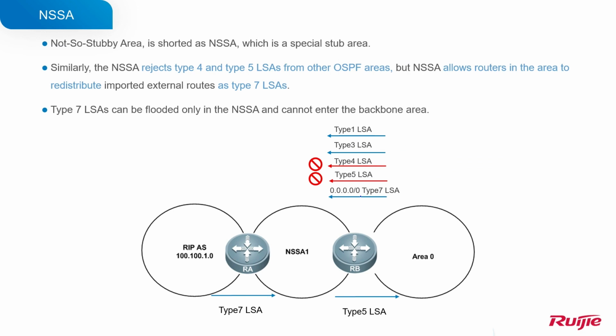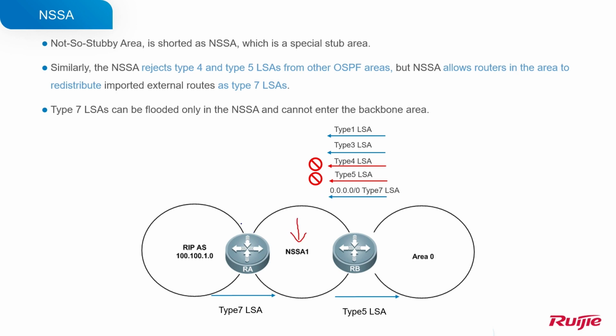Okay. And the default route is type 7 LSA information. So here we will see the NSSA area will generate a new type of LSA information. It's type 7. Okay, it's type 7. So instead of type 4 and type 5, we can transmit the type 7 LSA information into the NSSA area.